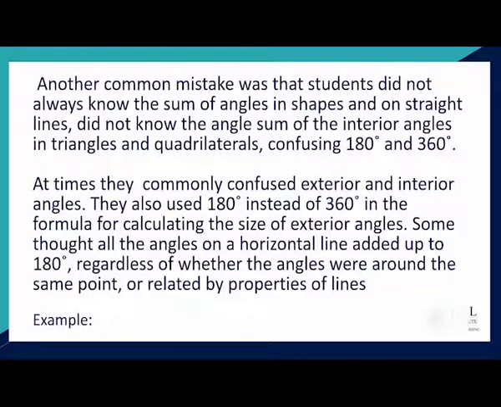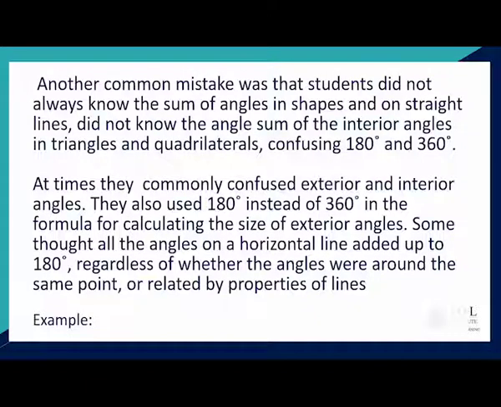And you can use them in the formula for calculating the sizes of exterior angles and interior angles. Sometimes some add up to 180, sometimes they add up to 360. This sum of exterior angles of a triangle, they are 180. And such things you can use to determine or to work out the size, the magnitude of your angles.